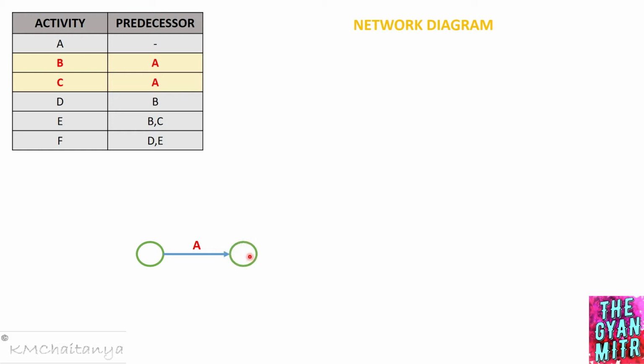So now we have B and C activities which are parallel in nature. We have activity B starting over here, and in order to complete this activity we are going to have this event, and then we have activity C. In order to show that the activity is completed, I am going to end with an event or a node, right?